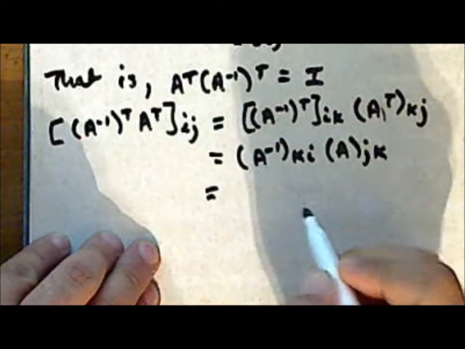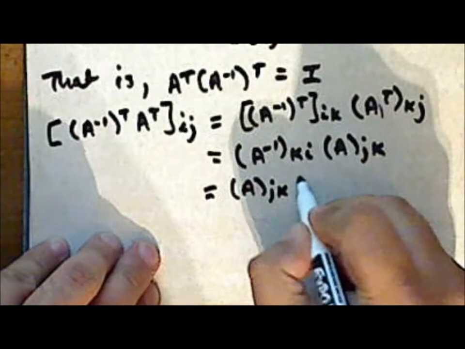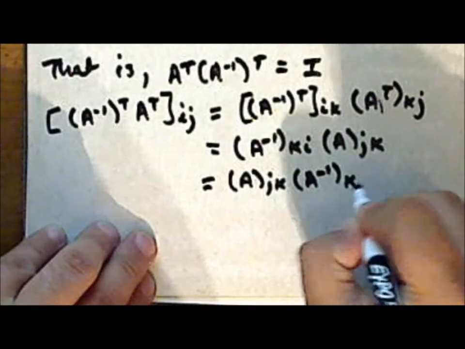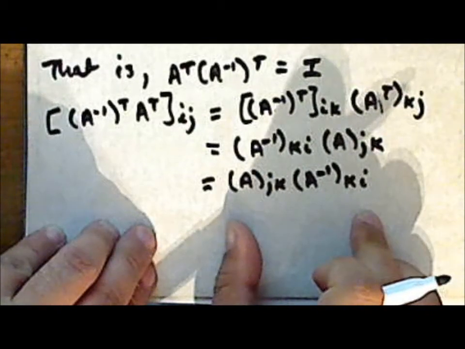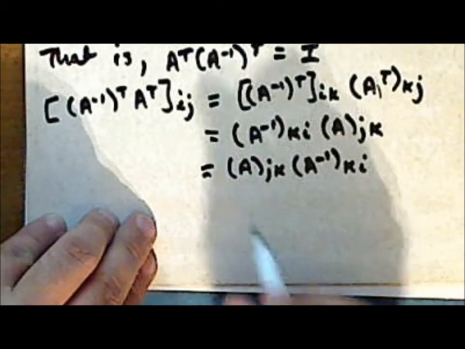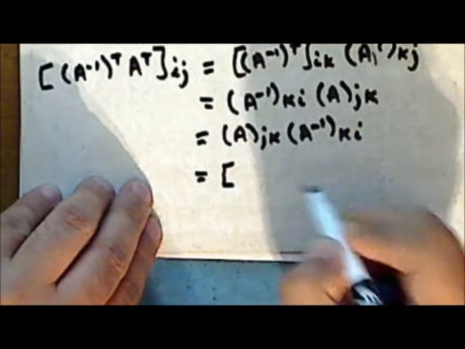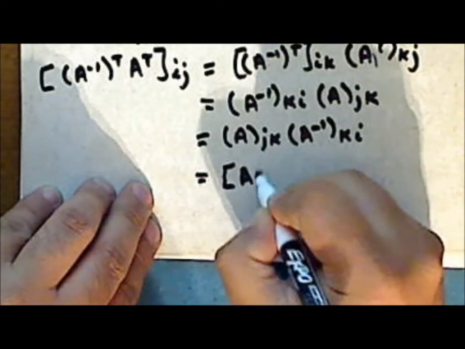We can rearrange them. So we have a sum of products, and so this is simply the component in row J, column I of the product of A and A inverse.